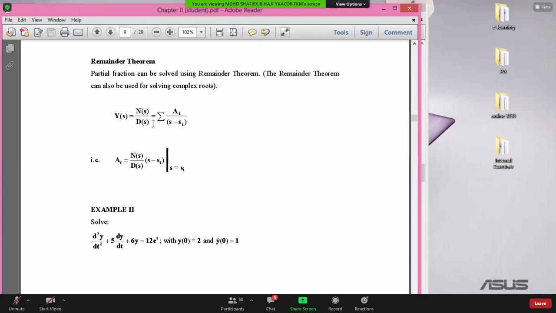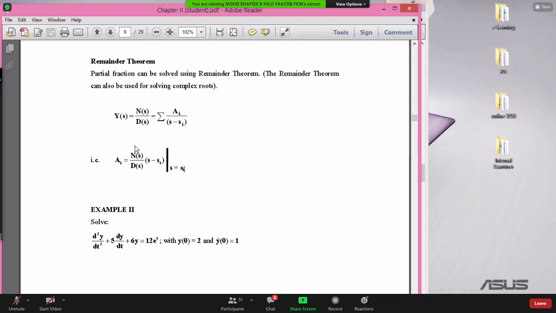The remainder theorem says that if you have the transfer function in the form of a quotient of the numerator, represented by n of s, divided by the denominator of s, that can be decomposed into partial fractions, then the coefficients of the partial fractions can be easily evaluated by this remainder theorem. Sometimes this is also called the cover-up method.